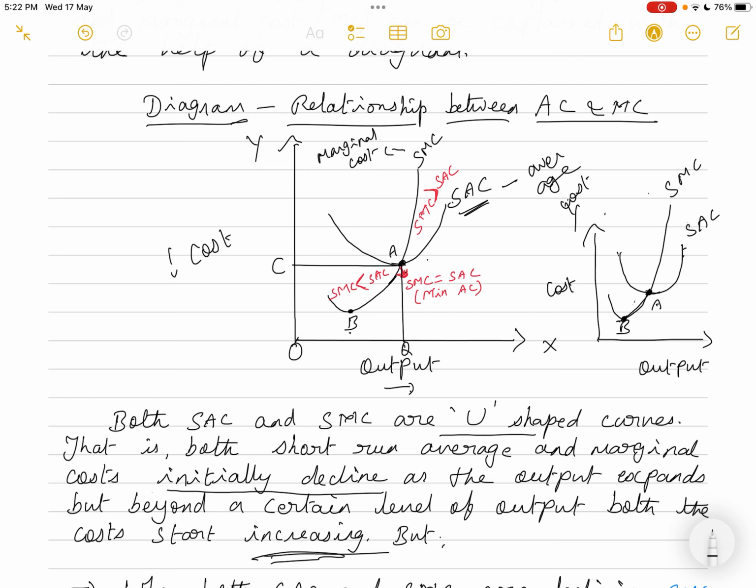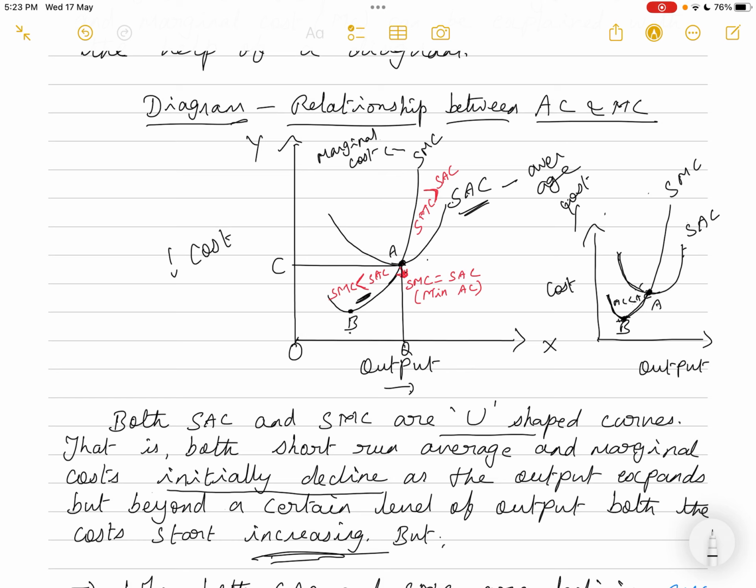Now what you are finding here, initially they both are decreasing. Average cost is decreasing, marginal cost is also decreasing, but at this point you can see that the marginal cost is lesser than average cost. So that is what I have mentioned here, SMC is lesser than SAC.